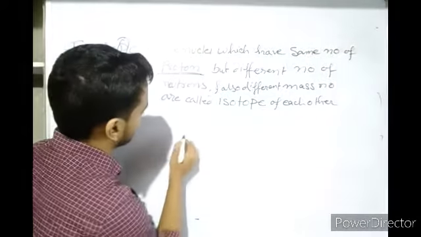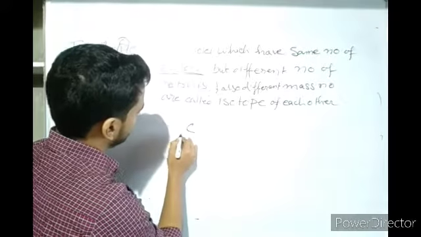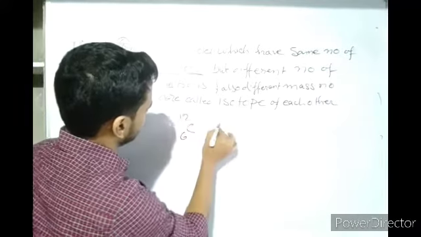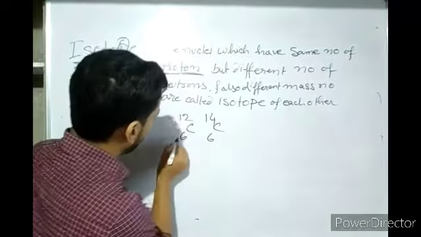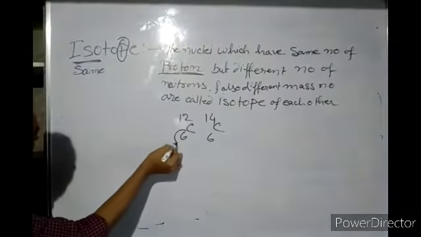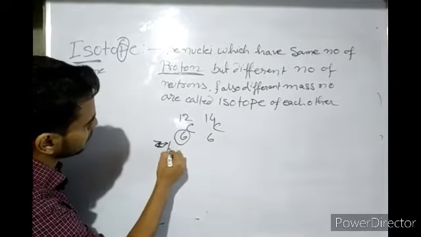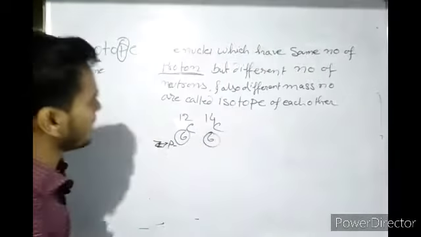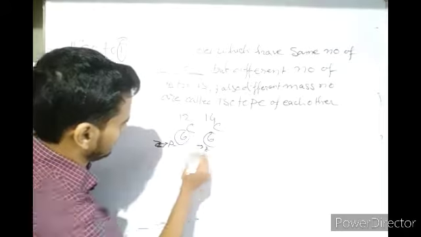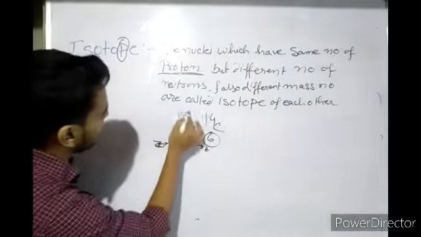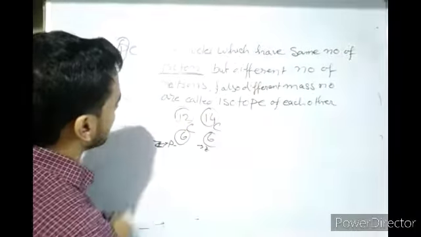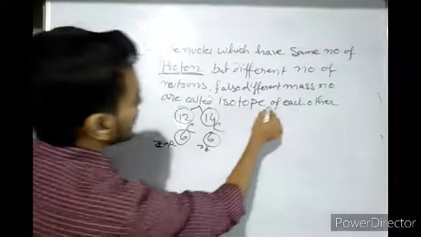Let us take an example of carbon: C-12 and C-14. Here the proton number is 6, which is denoted by Z. Here also the proton number is 6. But the mass number is 12 and 14, so the mass number is different according to the definition.